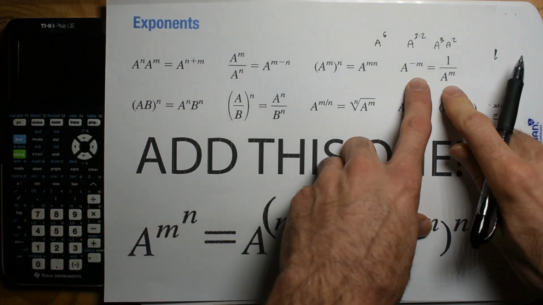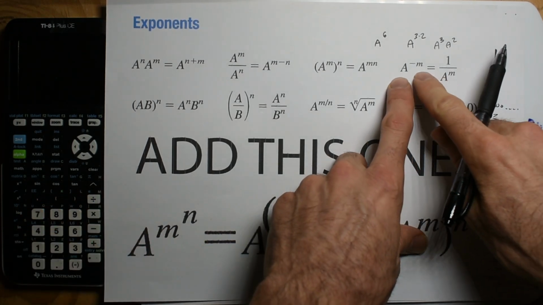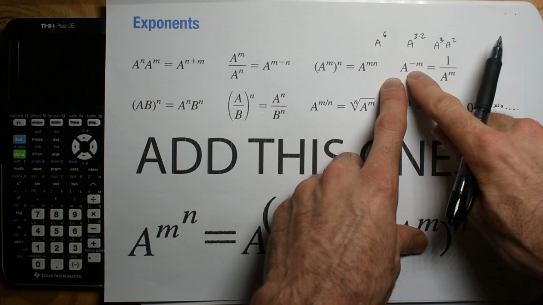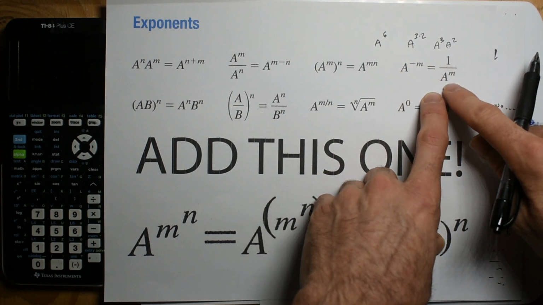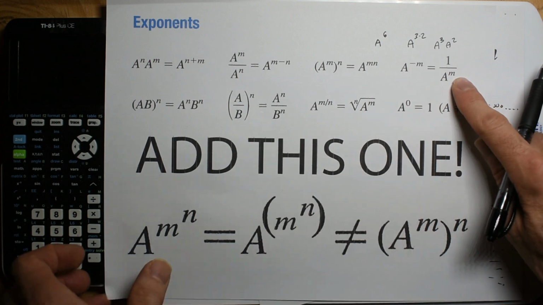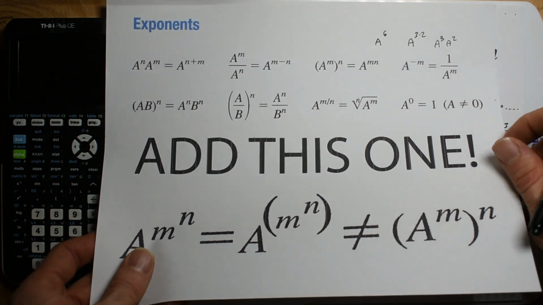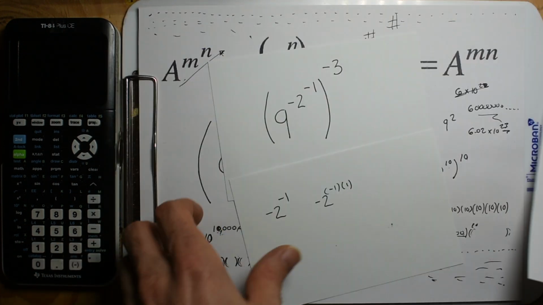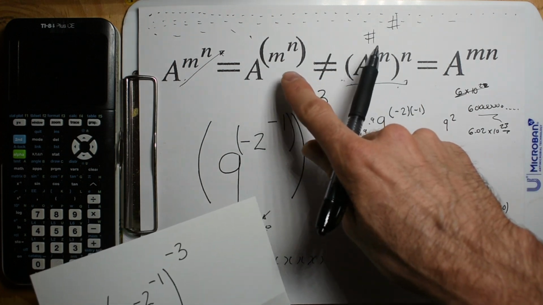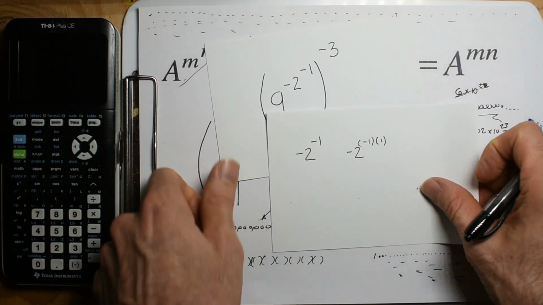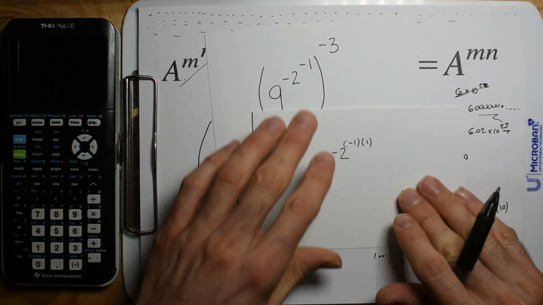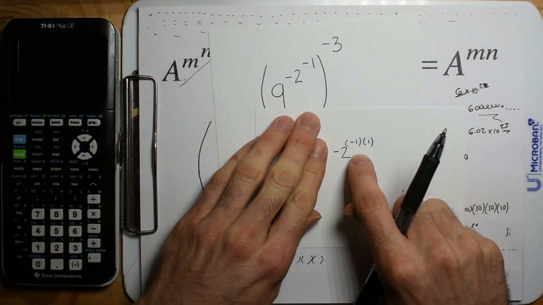Alright, here's the exponent rule for negative exponents. A number to the -m is 1 divided by that number to that exponent. But if you break it up, we can still use this process, which is probably really redundant.